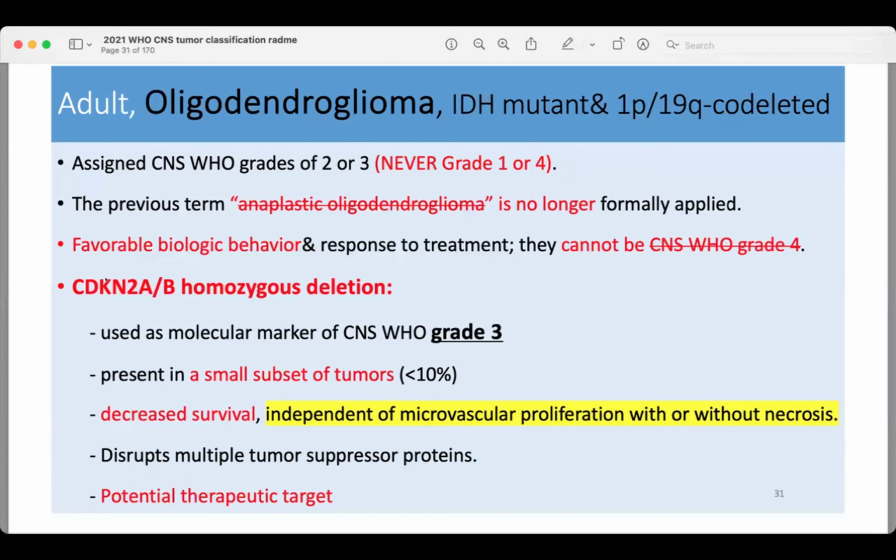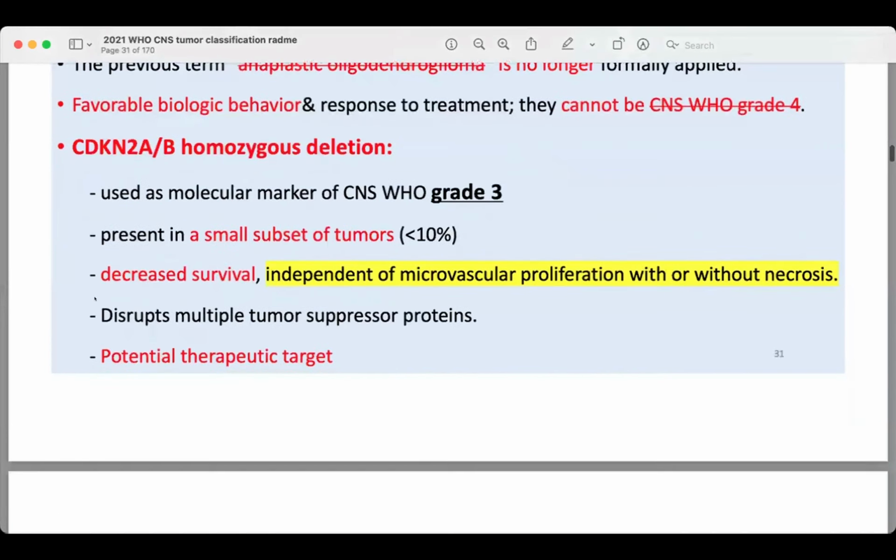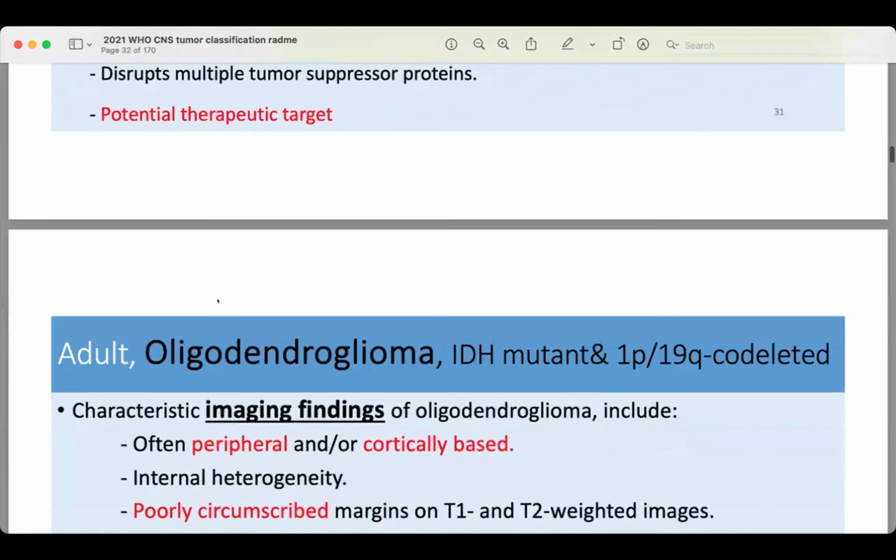And also, as with the astrocytoma, if the same genetic mutation is found in the oligodendroglioma, it is also correlated with a poorer prognosis, even if there is no histologic evidence of the aggressiveness. The aggressive features do not exist yet, but with this co-deletion, this tumor will have a very poor prognosis, and the treatment will be more aggressive than for the other grades.